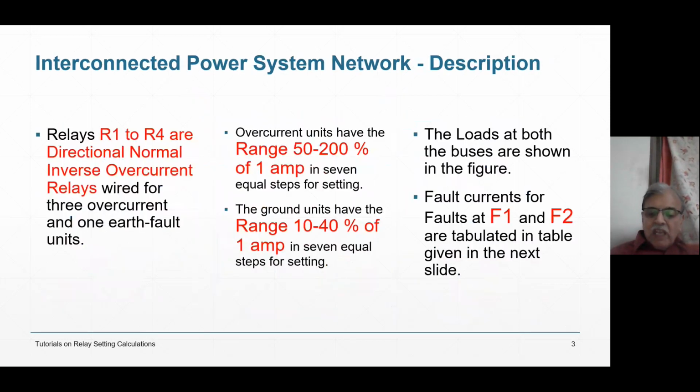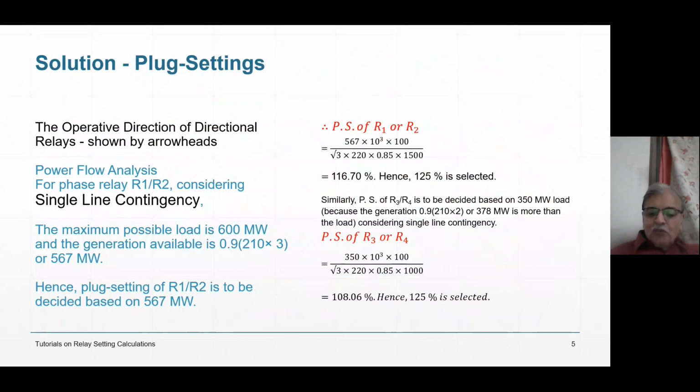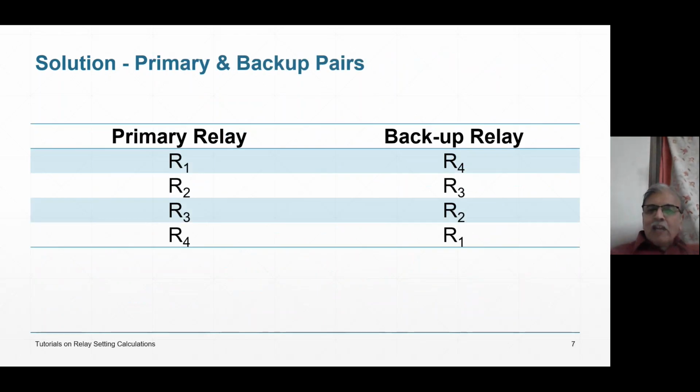That becomes a very complicated exercise. So my dear friends, this is my primary backup pairs for 4 relays. Very simple to understand. For 50 lines and 100 relays, you will have to depend on a computer algorithm to find out primary and backup pairs. So here I have found out primary backup pairs. There are 4 primary backup pairs.